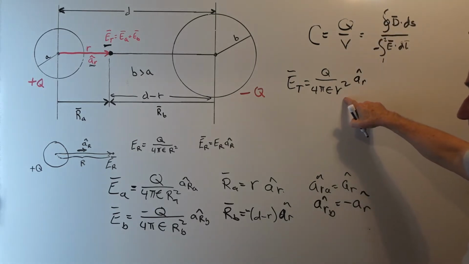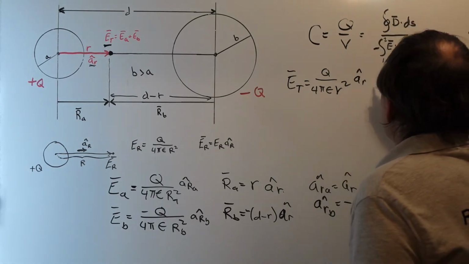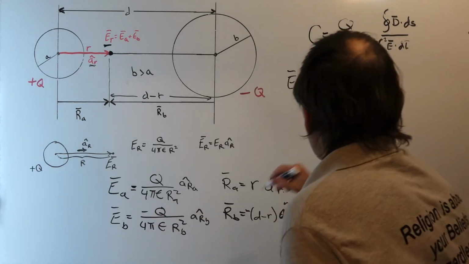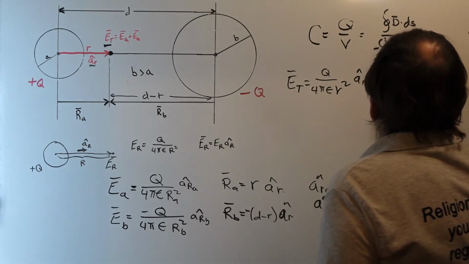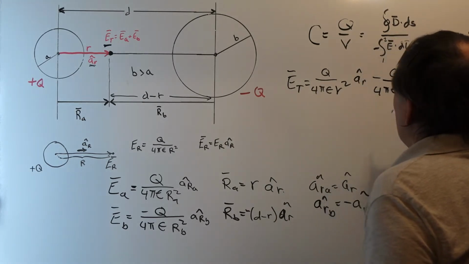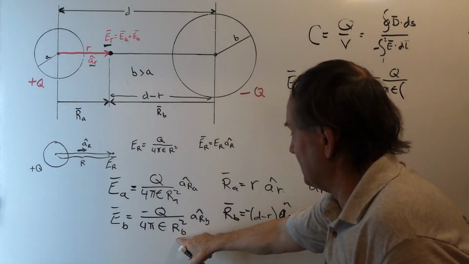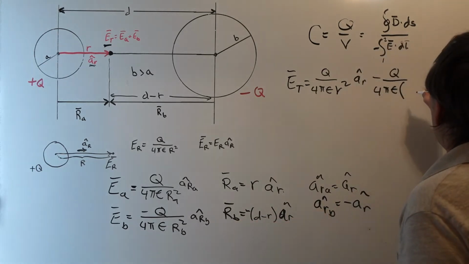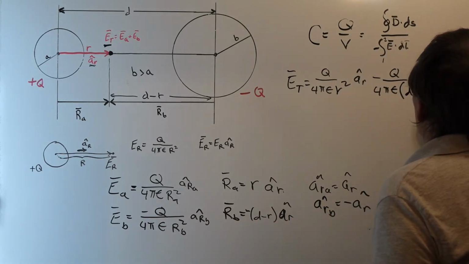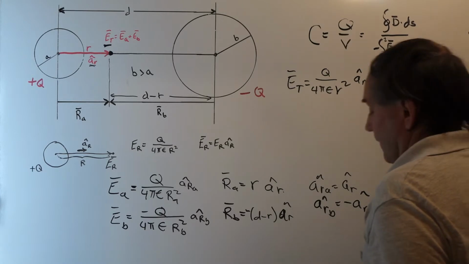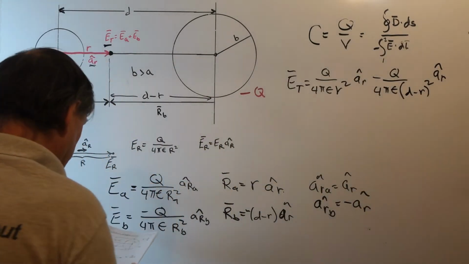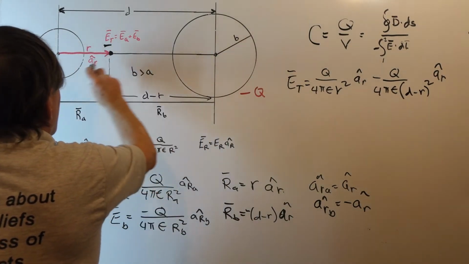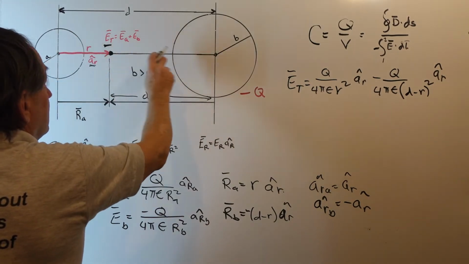This is E sub A, plus the contribution EB. EB is minus Q over 4 pi epsilon, the magnitude of RB squared, and the magnitude of RB is d minus r, so this is d minus r squared in the AR direction. So there's our total electric field along the radial line for any position between the two spheres.